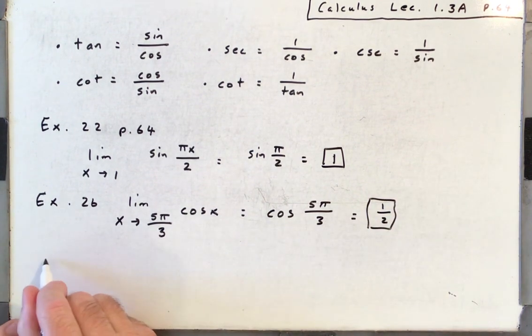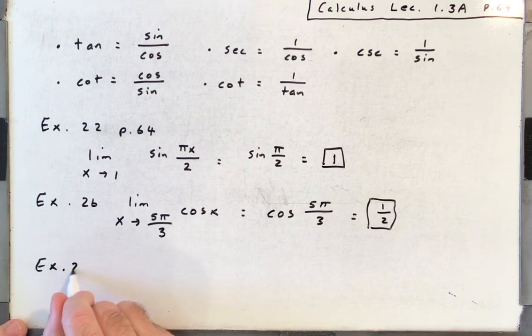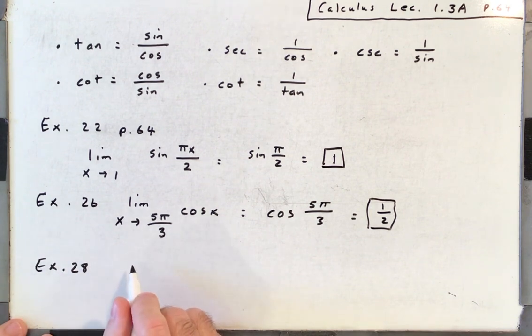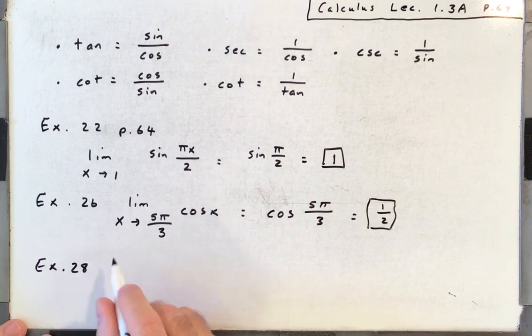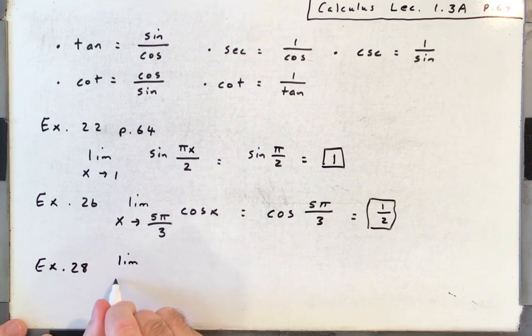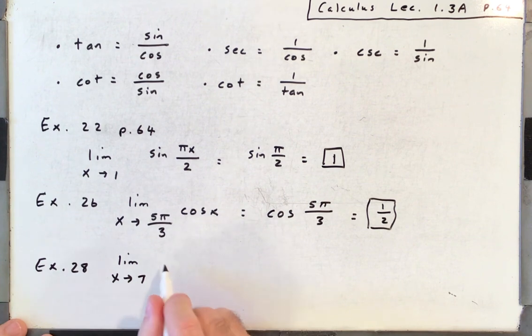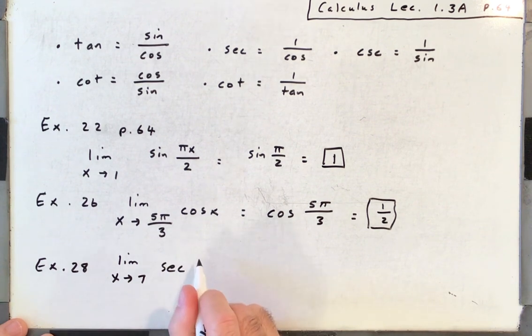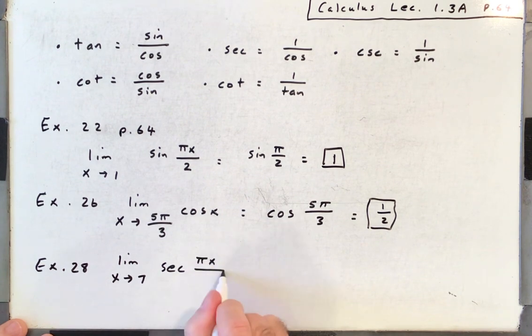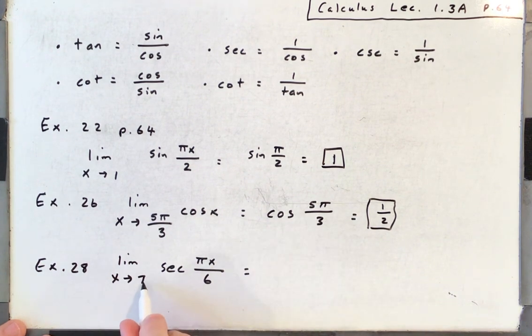All right, let's look at example 28. That's the limit as x approaches 7 of the secant of pi x over 6. Okay, let's plug 7 in.